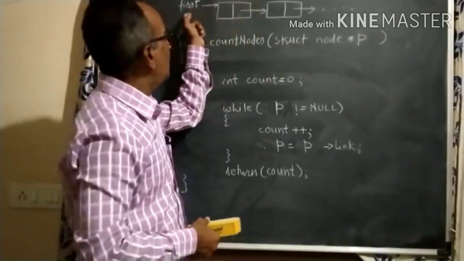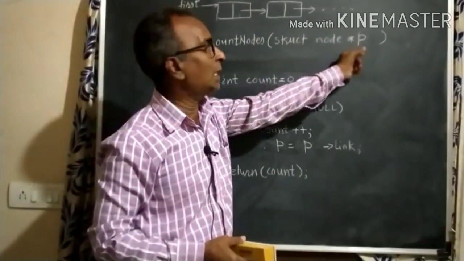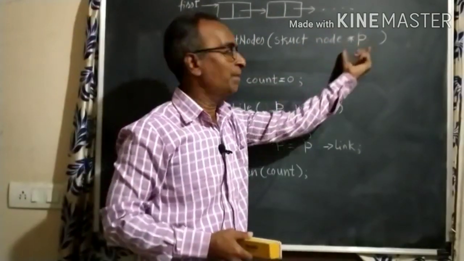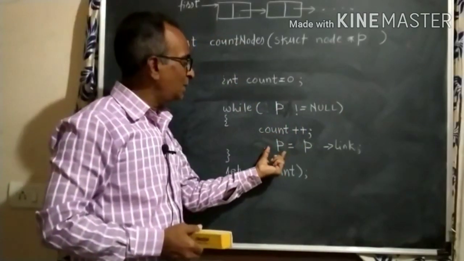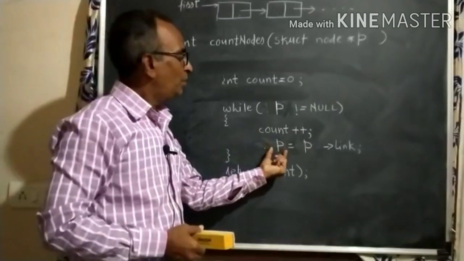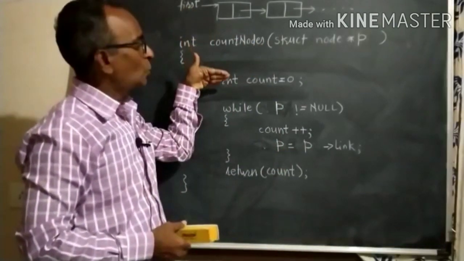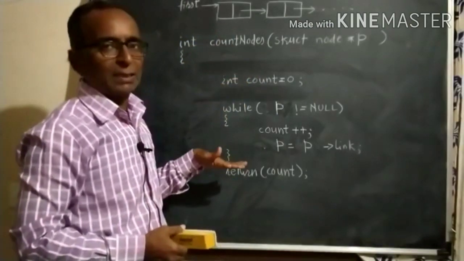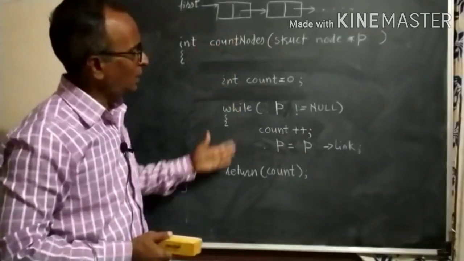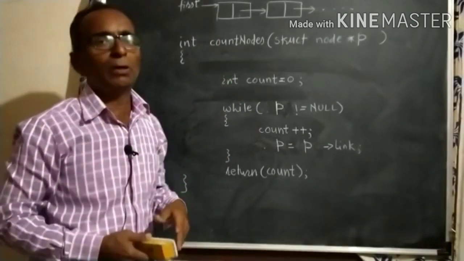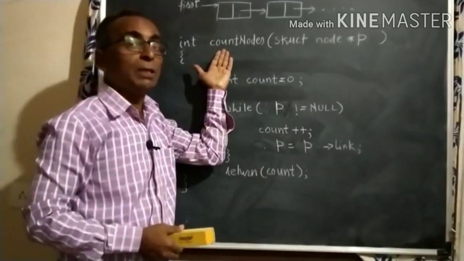But here, whenever I write the function, first is passed by value, and that address will be copied here. Accordingly, though we are changing P, we require this for counting only. P we are changing, but we are not changing first. So in this case, when you are writing it as a function, the temporary is not required. So this is sufficient for counting the number of nodes whenever you write the function for that.